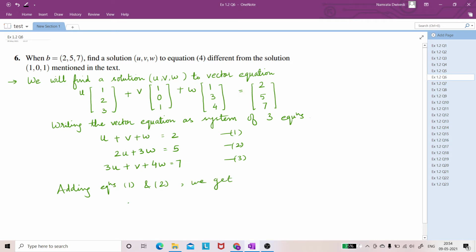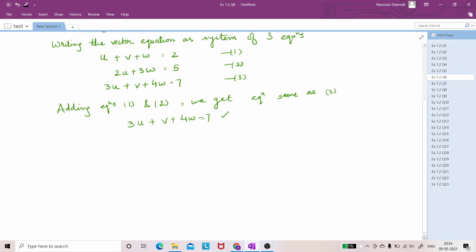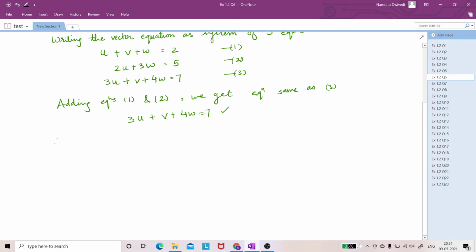We get 3u plus v plus 4w is equal to 7. So this is the same as equation 3.